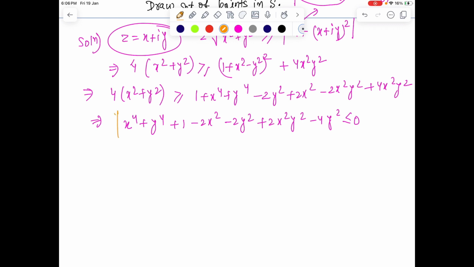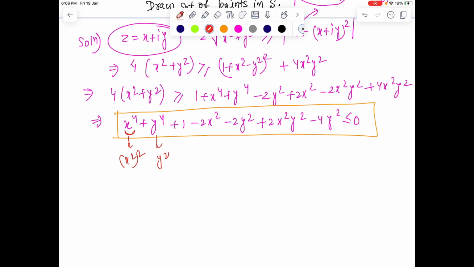Now by looking at this equation we are getting some feel, right? It feels very clumsy, so can we decode information out of this? Let's give it a try. x to the 4 is x square whole square, y to the 4 is y square whole square, and 1 feels like 1 square. This is like 2 times x square and 1, 2y square is 2 times y square and 1, and 2x square y square is 2 times this.